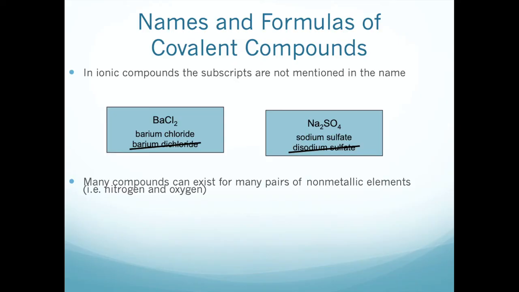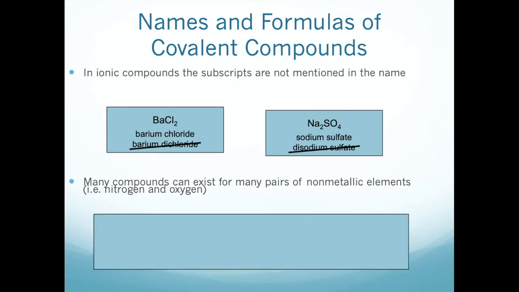There's no other barium chloride than BaCl2, so it's kind of silly to have that prefix di. Likewise, sodium sulfate is Na2SO4 because sodium has a +1 charge, sulfate has a 2- charge. Of course, you need two sodiums to balance that out. So writing disodium sulfate is kind of redundant when it comes to ionic compounds.